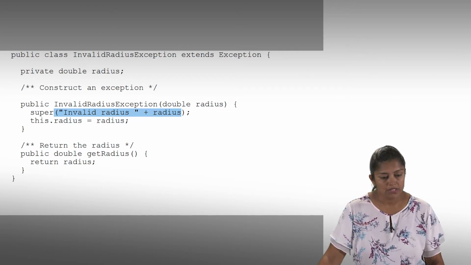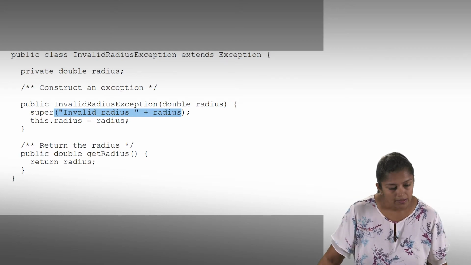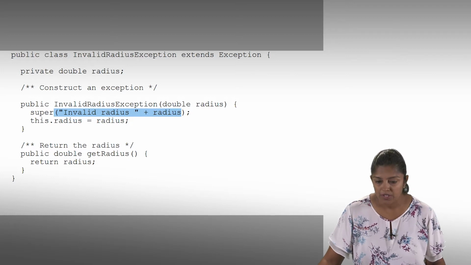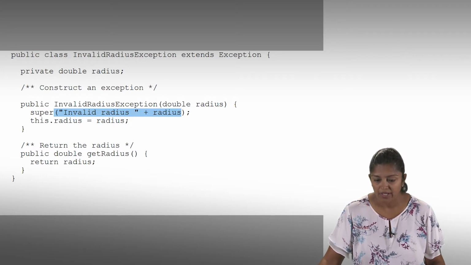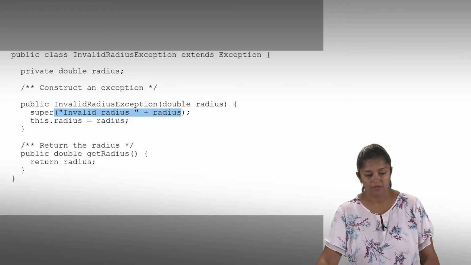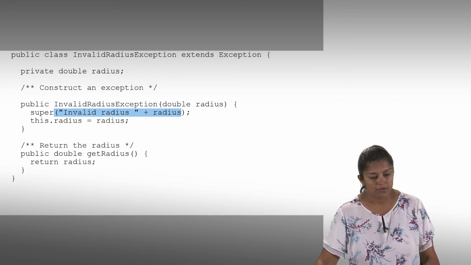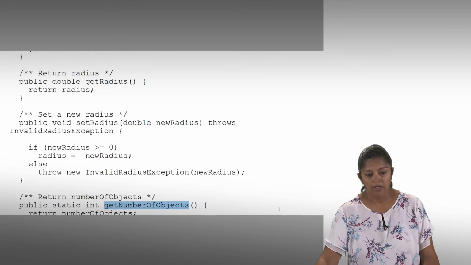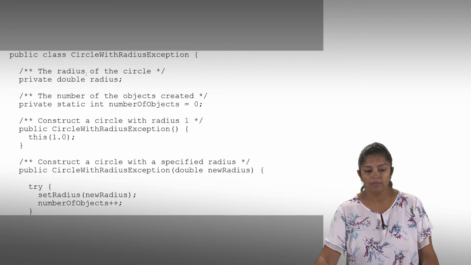Let's look at how this is used. In fact, the previous example that we saw in the previous video did use this invalid radius exception. Let me show it to you. Here you go. This was the circle example.